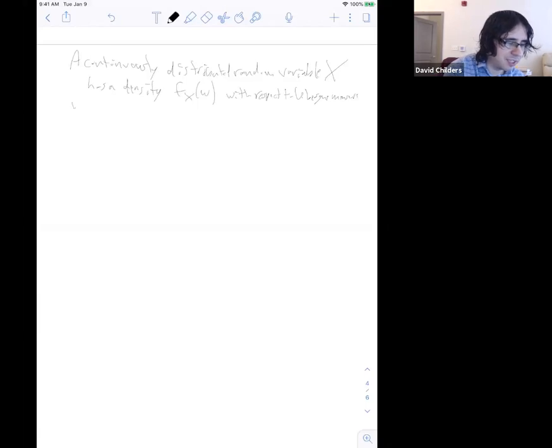And so we say X is distributed according to f_X if f_X is the density of X. We read this tilde as 'is distributed as'.